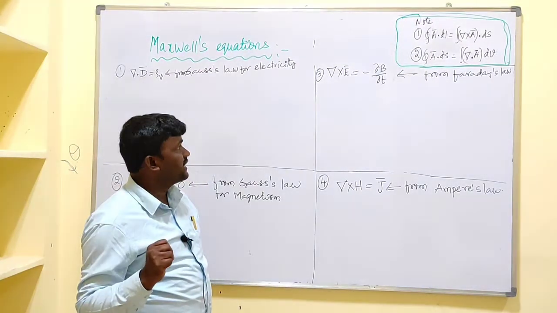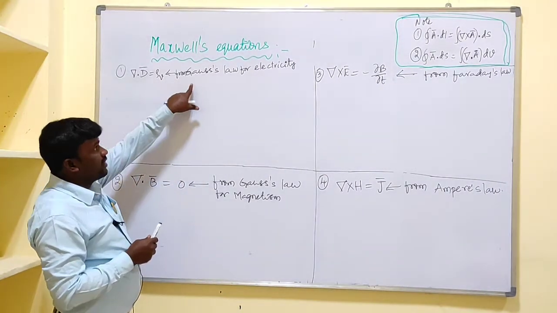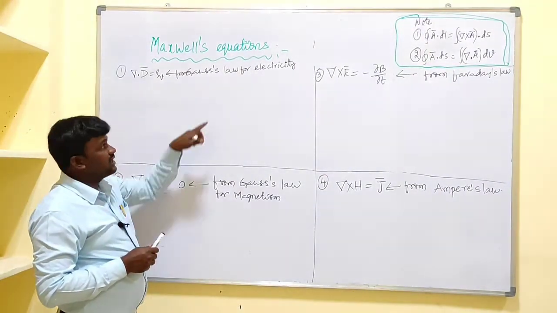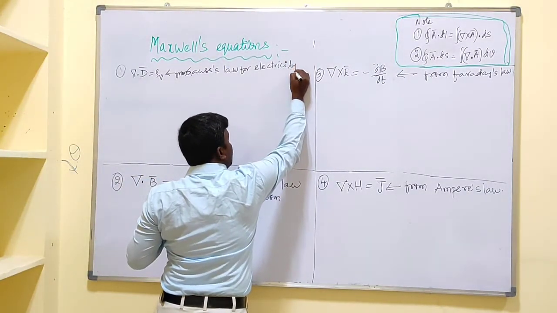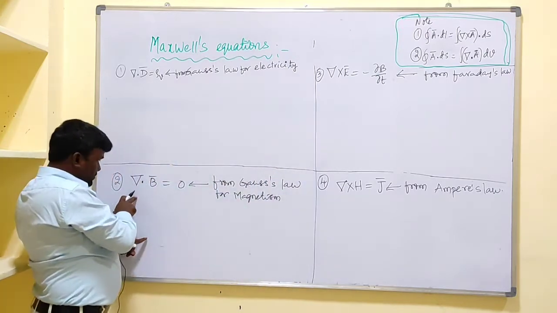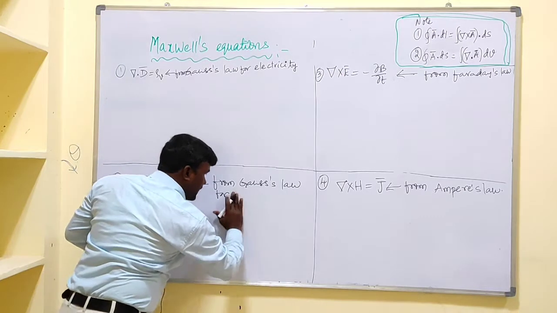These four equations are derived from four basic laws. The first equation is derived from Gauss law for electricity. The second equation, del dot B equal to 0, is derived from Gauss law for magnetism.